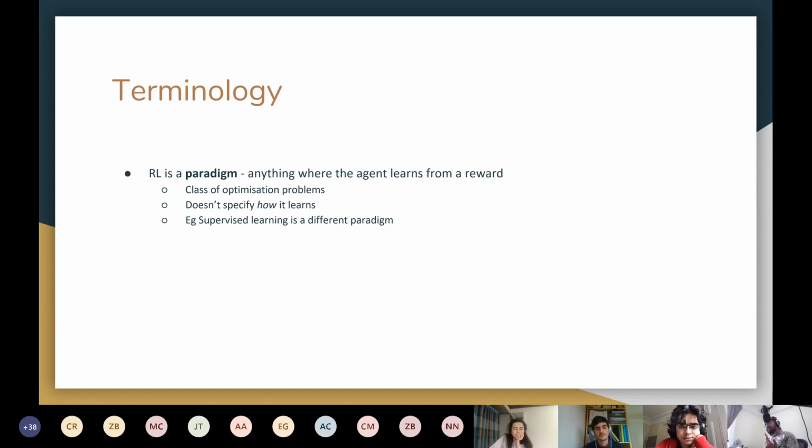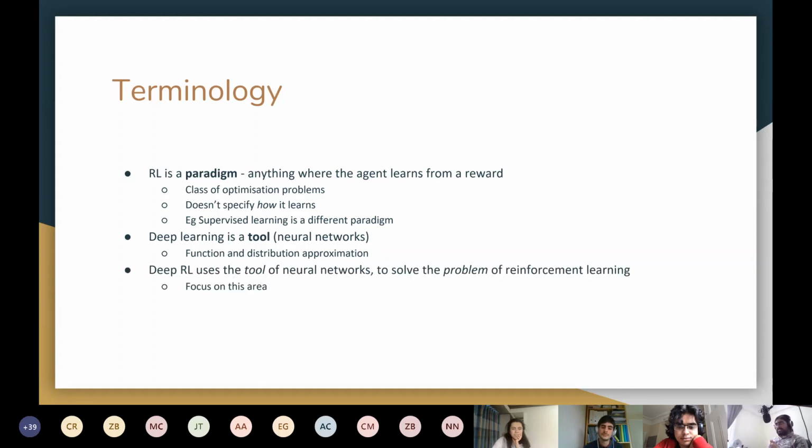This is a different kind of thing to deep learning, or things done with neural networks, where neural networks are like a tool. They're a specific solution method that people use to solve things and to approximate things. I think this is worth clarifying because people talk a lot about deep reinforcement learning. I'm often going to abbreviate reinforcement learning as RL because life is too short.